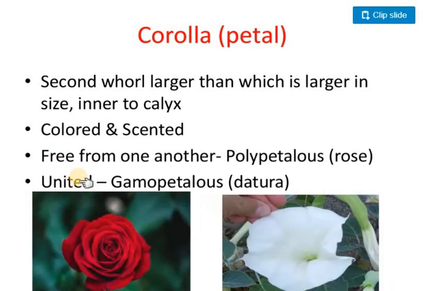So let's see the corolla. The most attractive feature of a flower is its color. If the flower doesn't have this kind of coloration, it won't be attractive. They are also leaf-like structures, but colored. They are positioned inner to the calyx, and their size will also be larger.